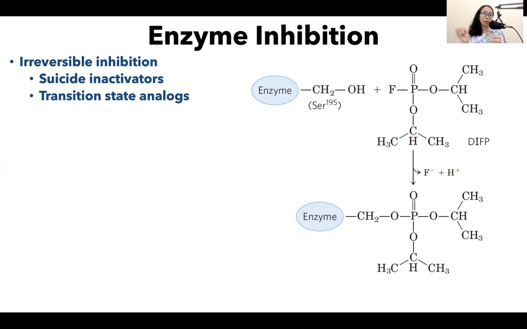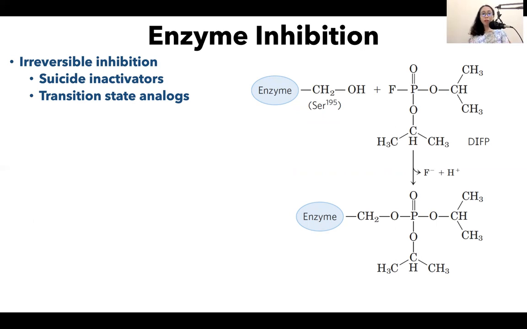So your inhibitor creates a covalent bond to some amino acid residue in your active site. We often refer to them as suicide inactivators. These are actually very effective drugs if we want to inactivate some enzyme that is related to some disease.